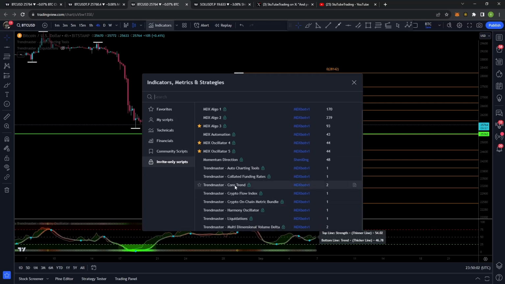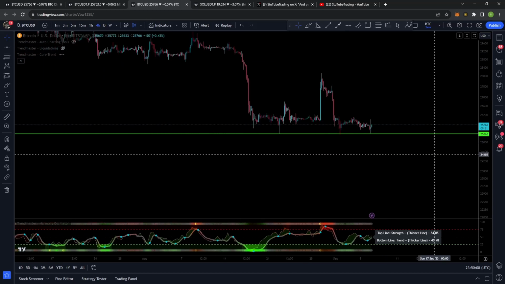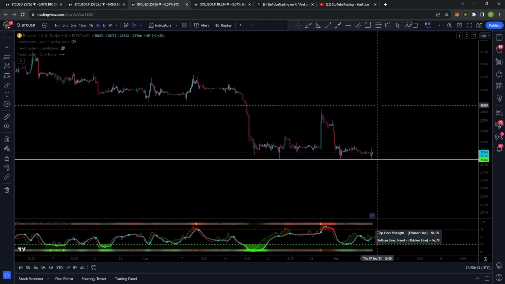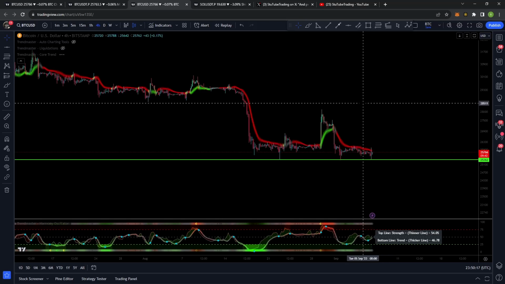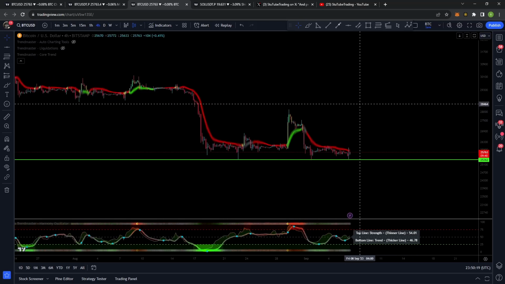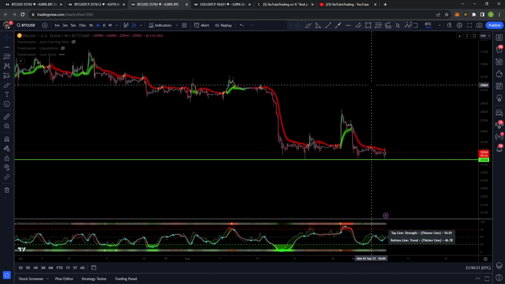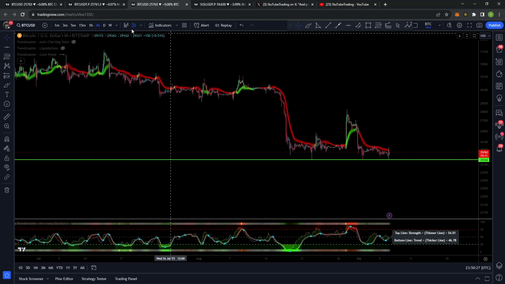You were talking about the core trend. Let me just bring that guy up. Let that load. Okay, so that's almost like a bit of a market flow, kind of just showing the general flow of the market.